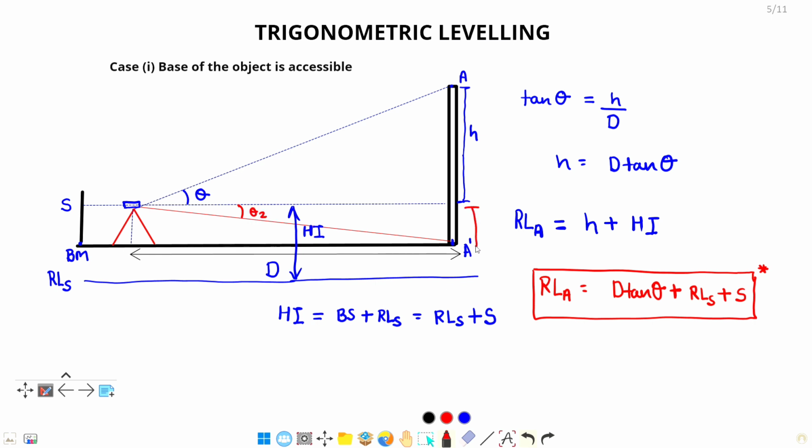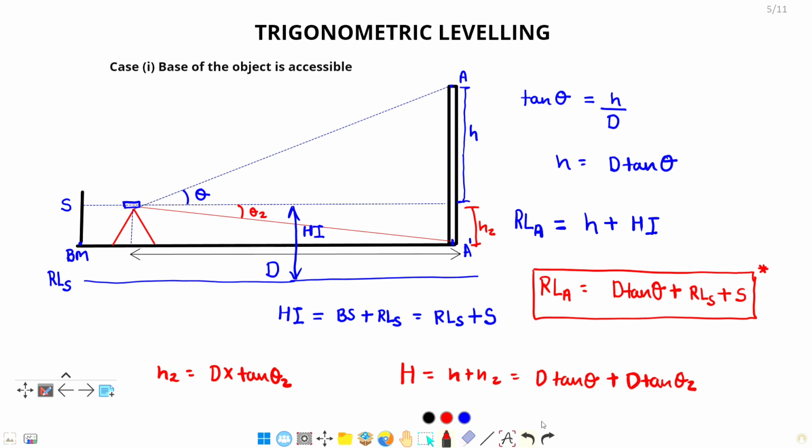Now this much height will be h2, and h2 will be equal to d into tan theta 2, similarly as h is equal to d tan theta. The total height here is h plus h2, and it becomes d tan theta plus d tan theta 2. So in this way we can calculate the height of the tower also.